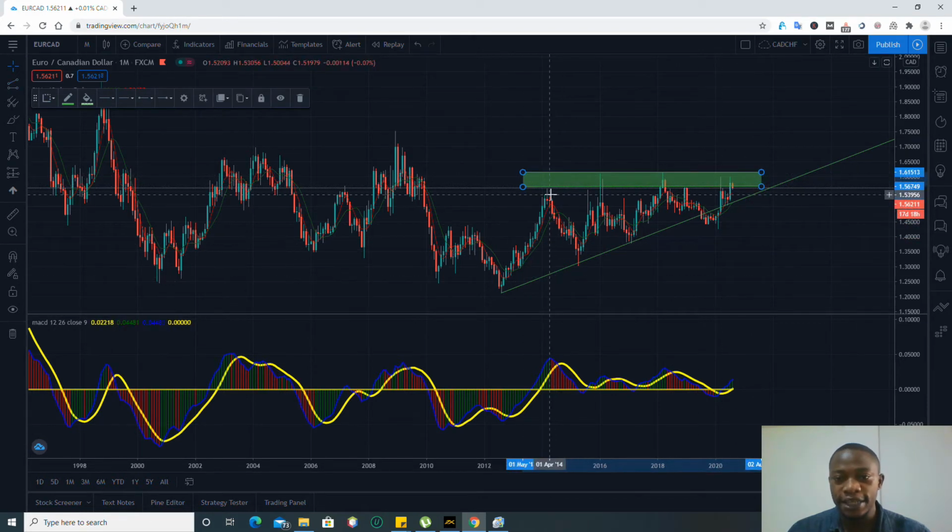We can clearly see that at this level of the market, there is a clear rejection each and every time the market tries to break into it, so it becomes a strong level of resistance on this monthly chart on the Eurocad.